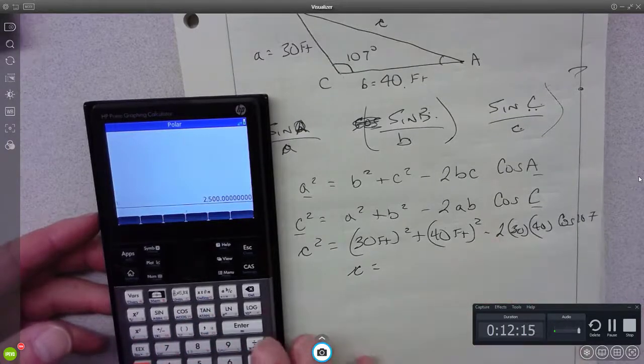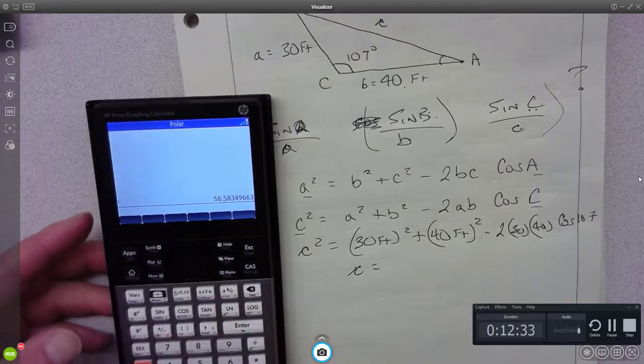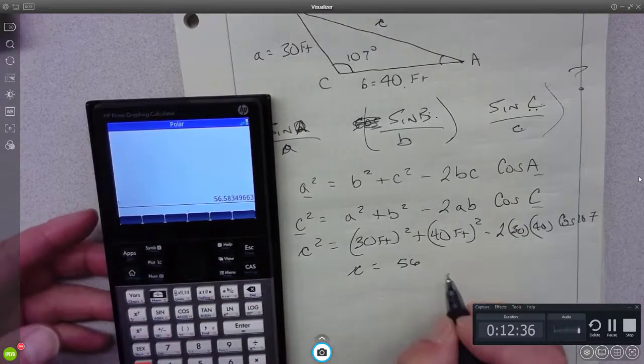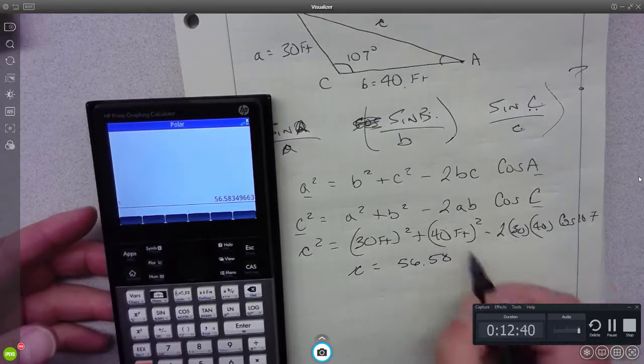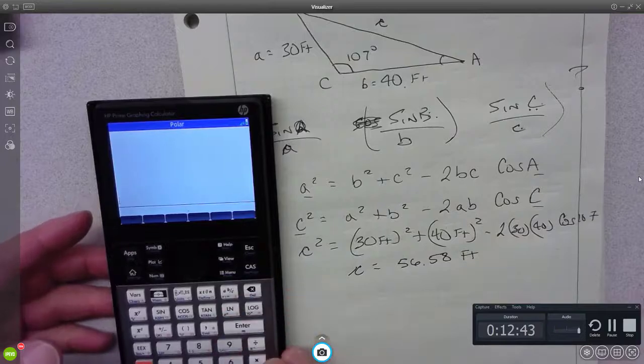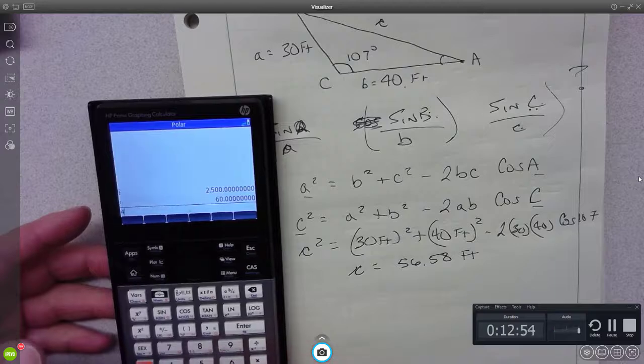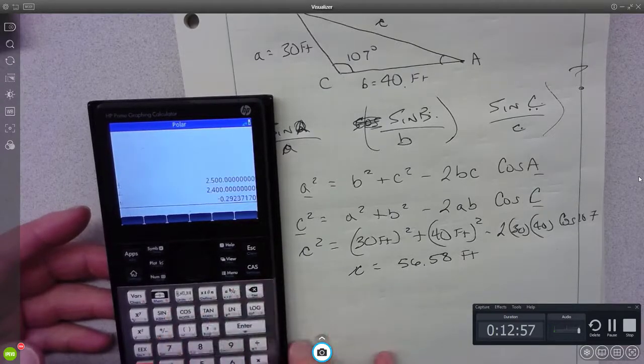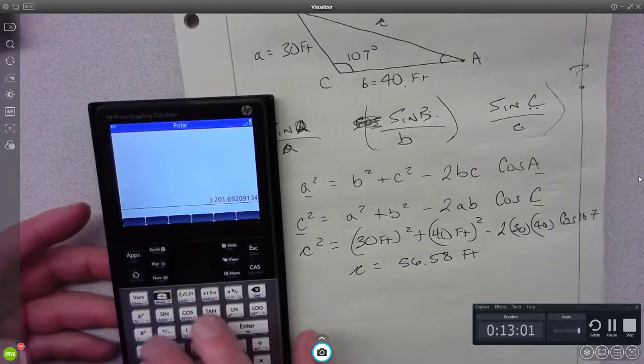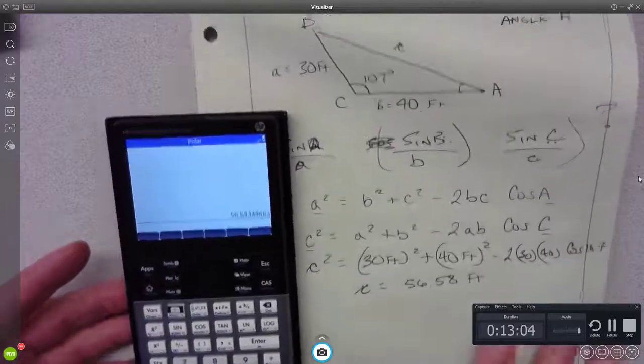Don't forget that's a minus sign. Tricky, right?